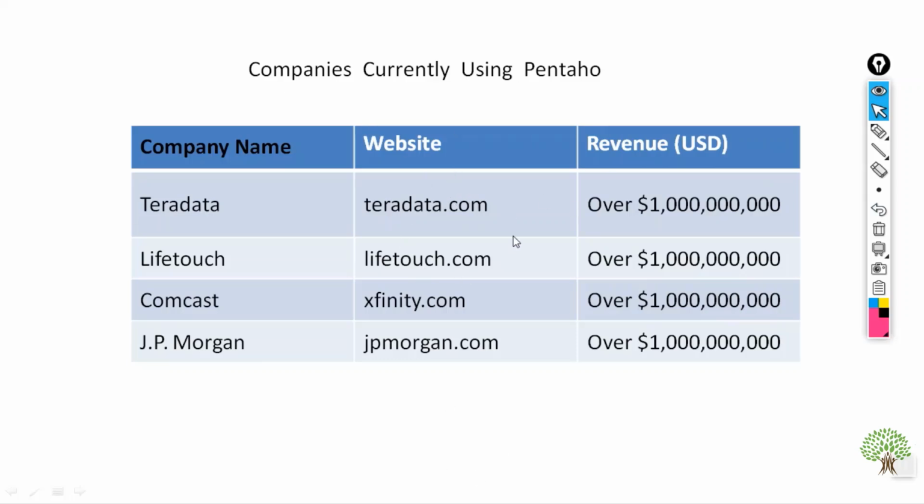Regardless, it will be difficult to find such a software product even among sought-after software solutions. These are the companies who are using Pentaho to undertake all the responsibilities: Teradata, LifeTouch, Comcast. They are earning great revenue with the help of Pentaho.